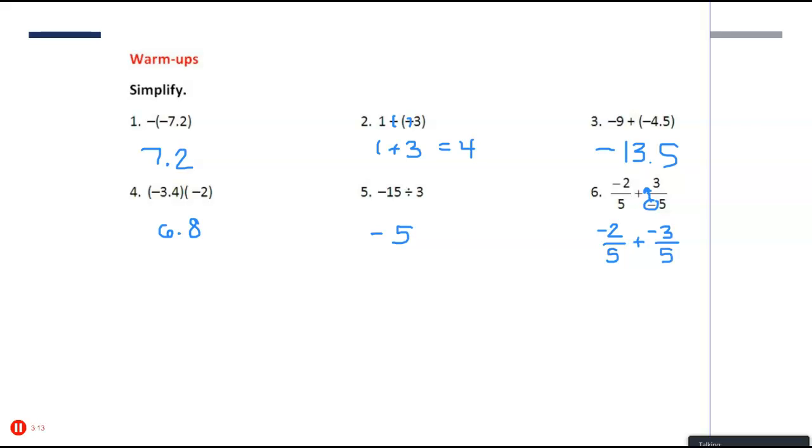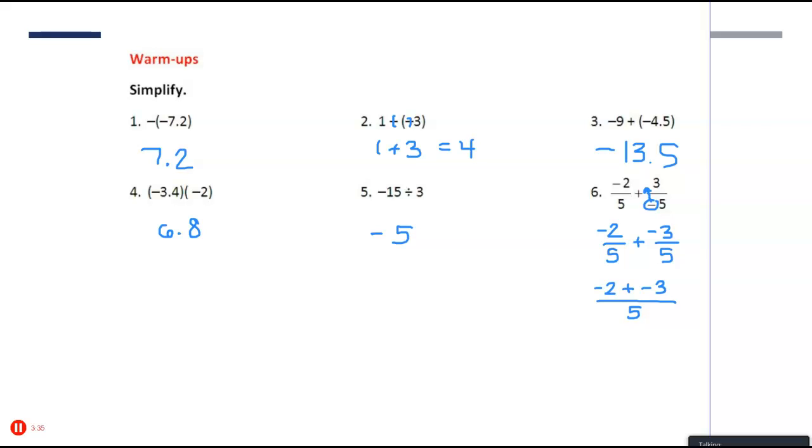Do these fractions have like bases? Do they have a common denominator? Yeah. So if 2 fractions have a common denominator, we group the numerators. So it's really like negative 2 plus negative 3 all over 5.